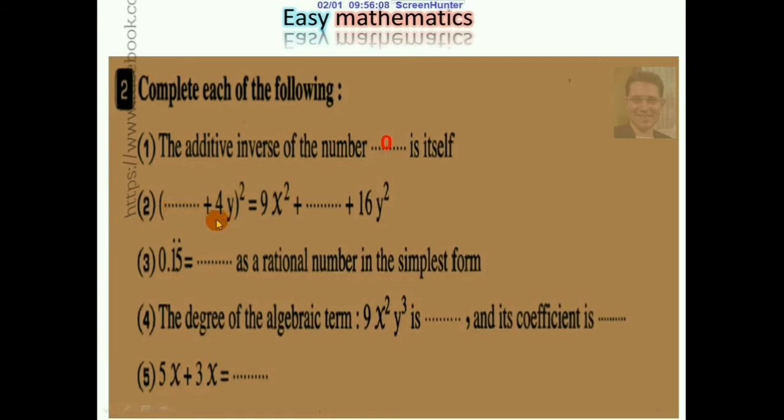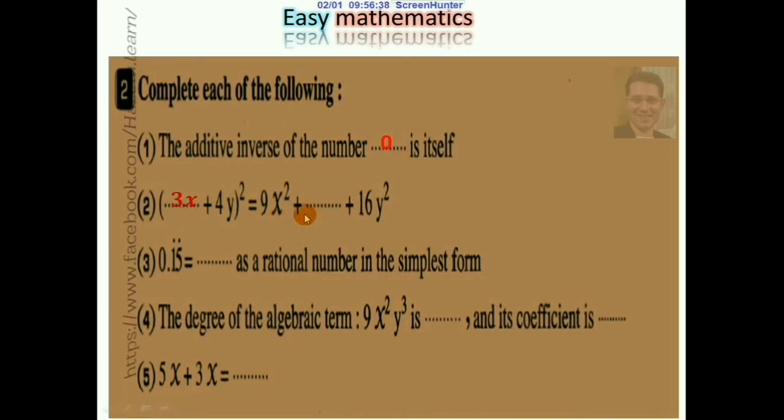We know to open these brackets, we must multiply the first algebraic term by itself to get 9x power 2. What about the suitable answer here, which gets us 9x power 2? When we multiply 3x by itself, it will be equal 9x power 2. So the right answer here will be 3x.